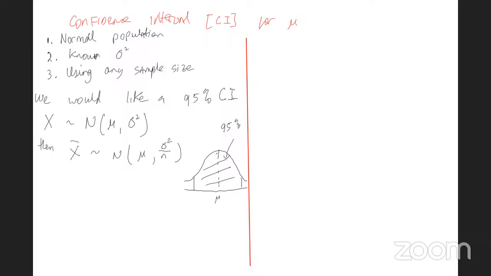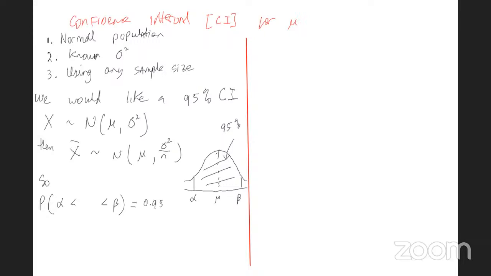So that percentage there has to be 95%. Okay? So I need to figure out what these values alpha and beta are. What will be those values for alpha and beta? I need the probability between alpha and beta that will give me 0.95.